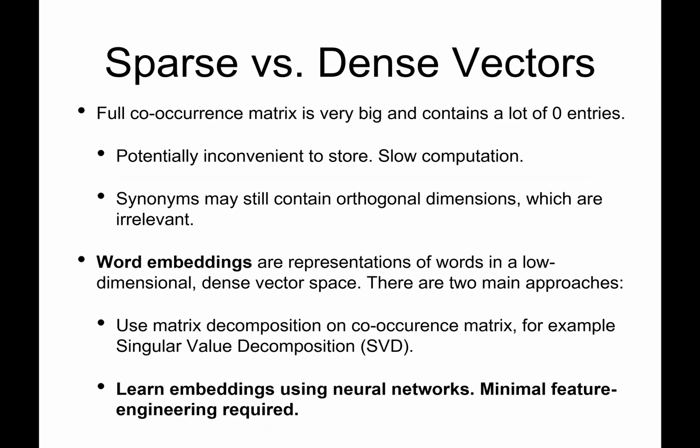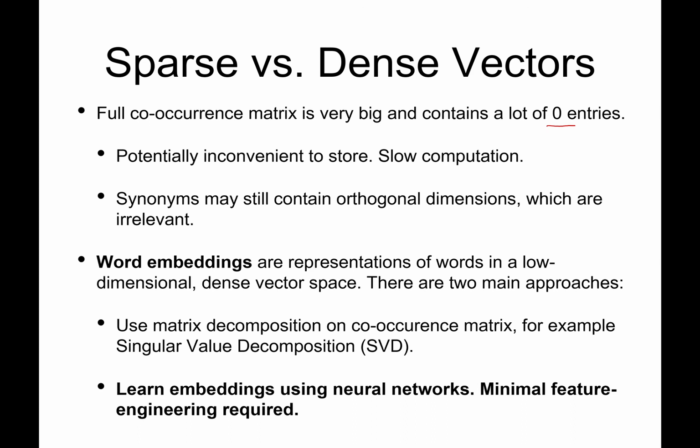Okay. All right. So other things that you can do, and that we're going to talk about next, is that these co-occurrence matrices tend to be very sparse, right? Because words don't co-occur with all of the other words in the corpus. So you're going to have a lot of zero entries. This is bad in many ways.